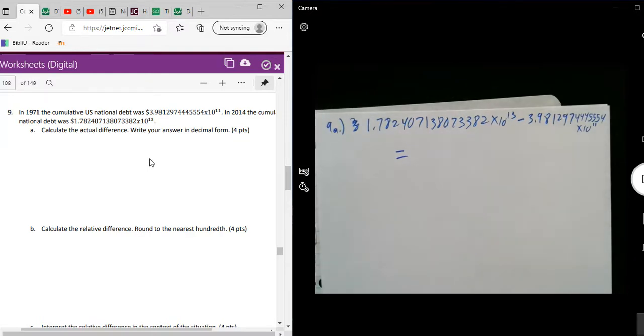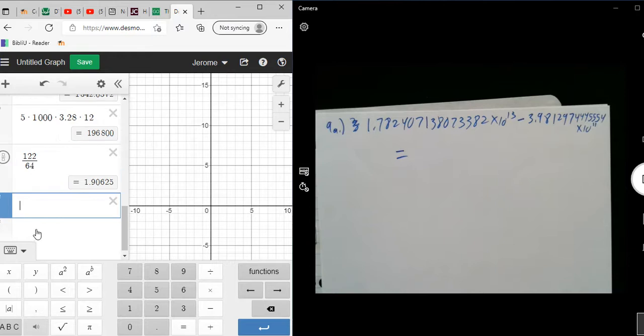Now, remember, they also asked us here to do this in decimal notation, which is the regular way we write numbers. So first, we're going to type this out in decimals.